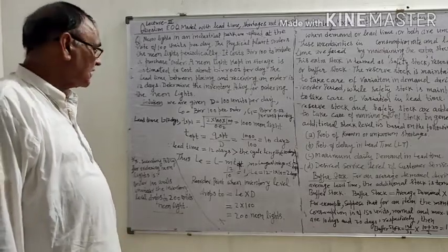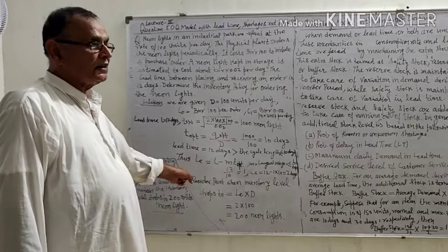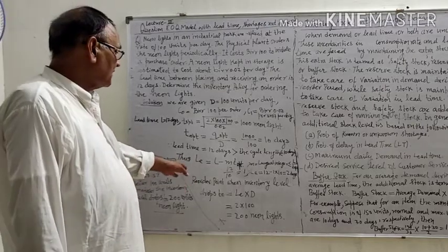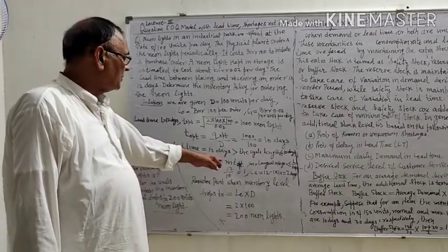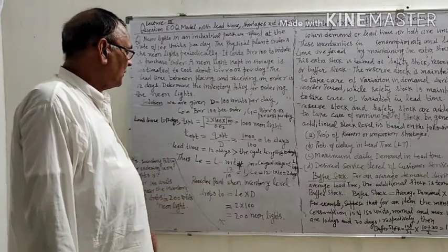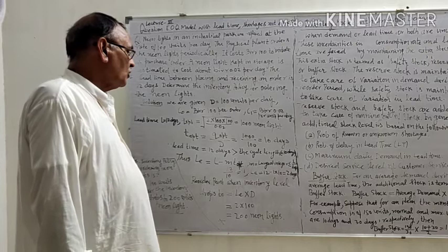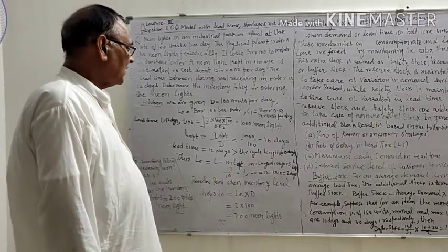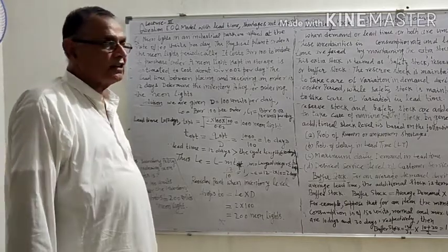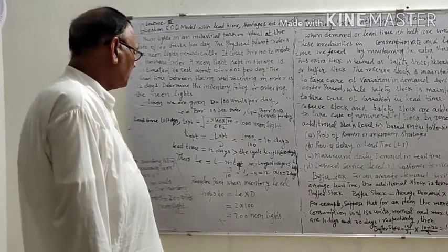We have to find the effective lead time. The effective lead time formula, as I explained in my second lecture, is L minus N into T optimum, where N is the largest integer less than or equal to L by T optimum.